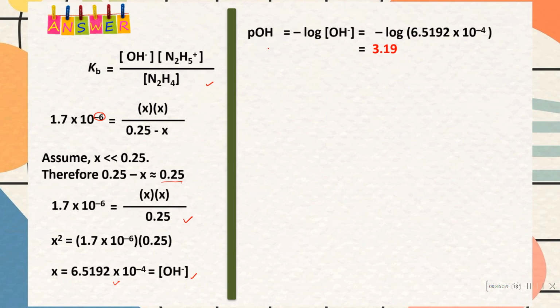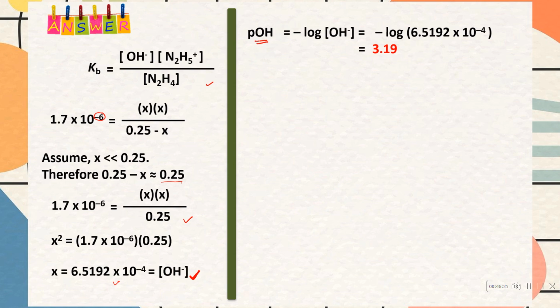Next, the question asks to calculate the pH. However, from the ICE table, we only have the concentration of OH- ion. So before we calculate the pH, you have to calculate the pOH, because the ICE table does not include the concentration of H3O+.